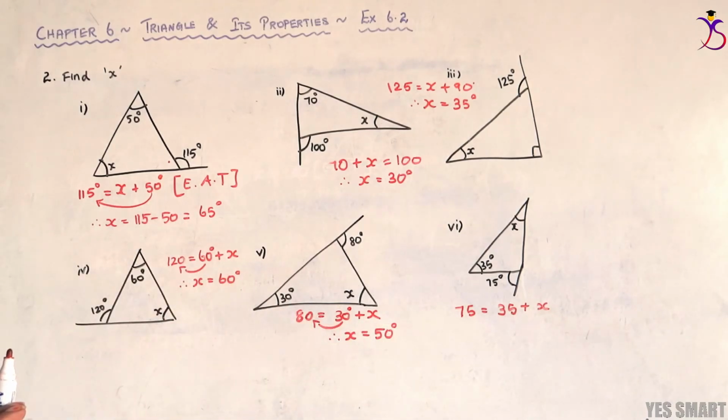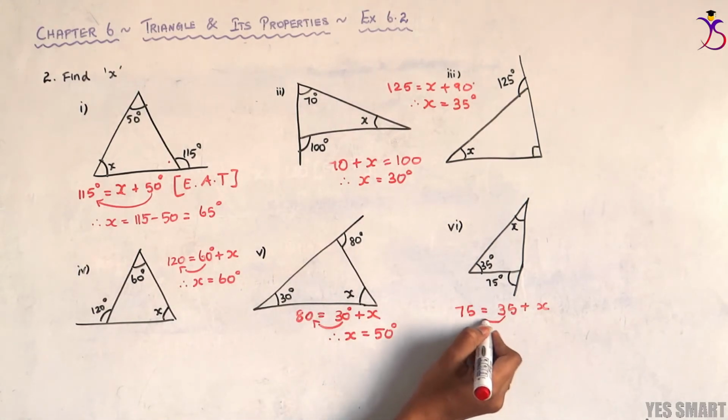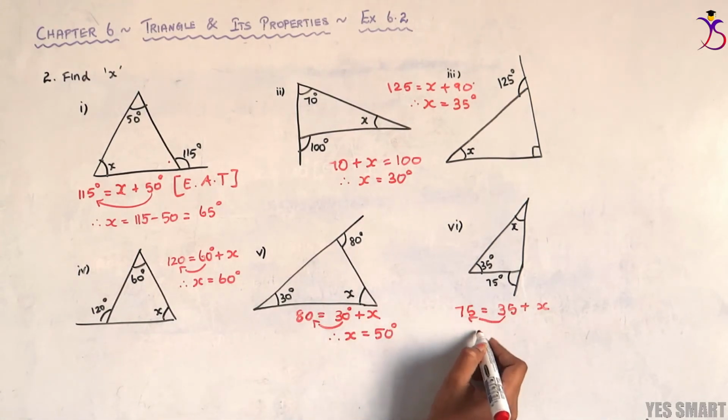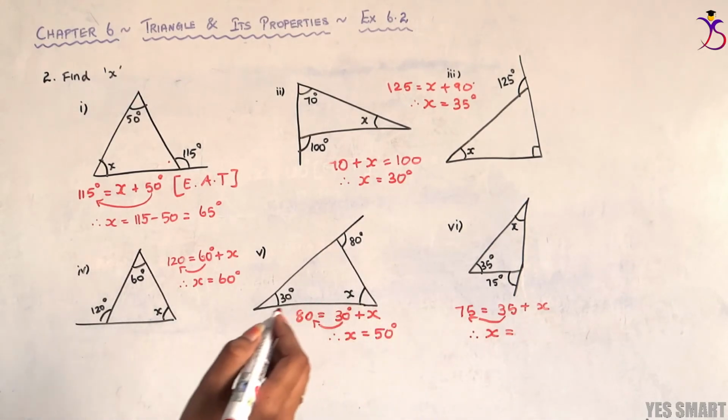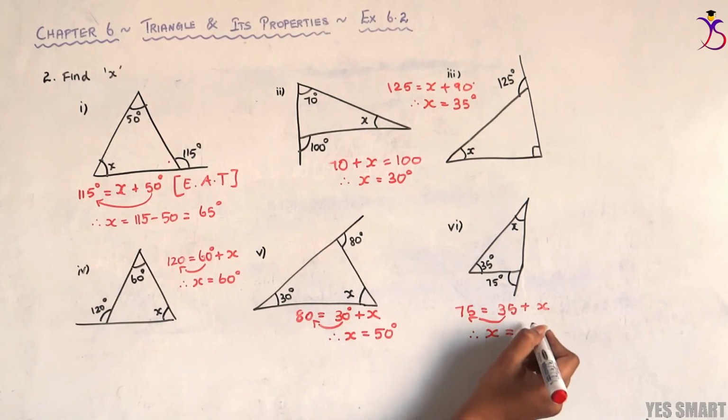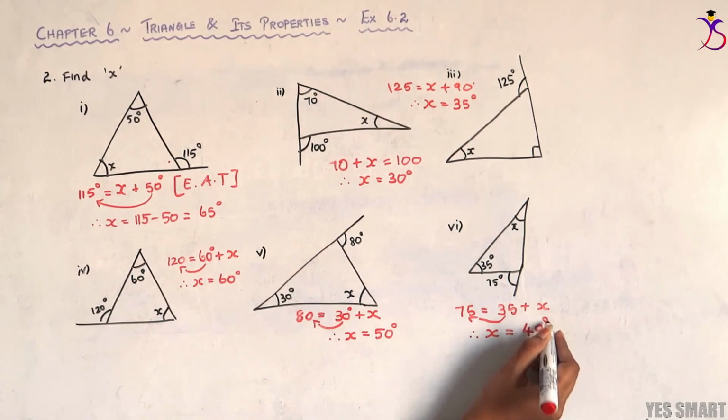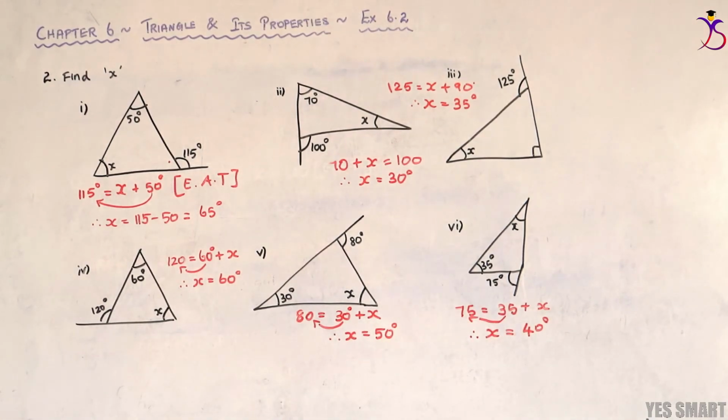Hence, the reason is the exterior angle theorem. Now, when this 35 is transposed, x is equal to 75 minus 35, which is 40 degrees. We are supposed to write the reason in braces, like EAT, exterior angle theorem, in each and every subdivision, like we did for the first subdivision.